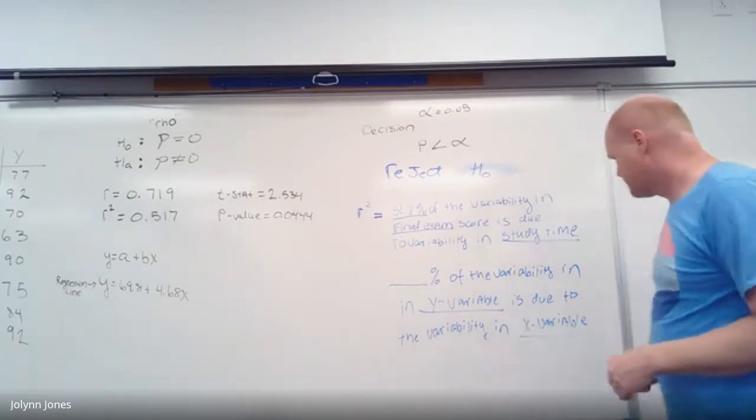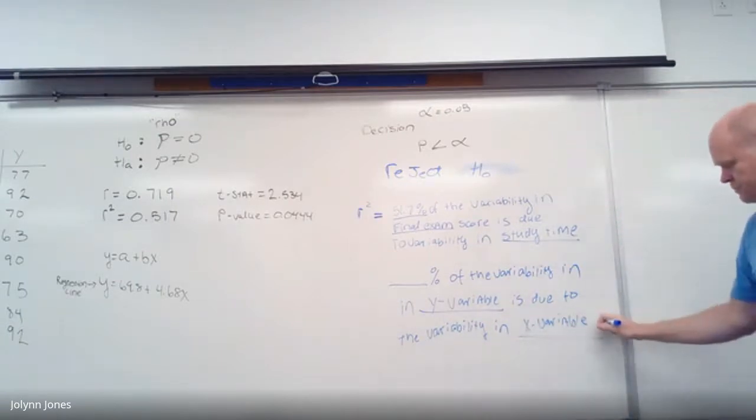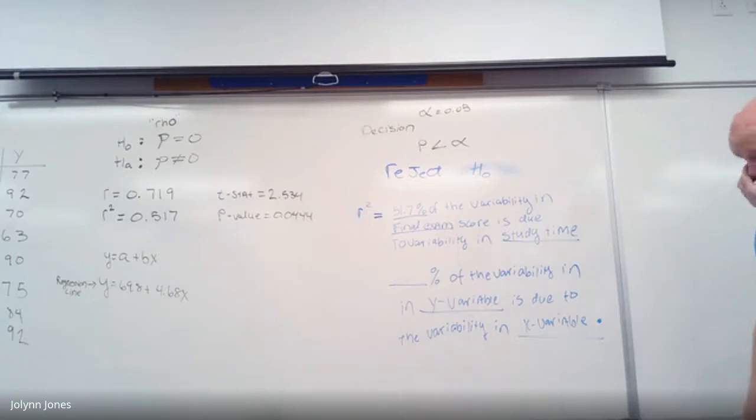Another way to think about our example: 51.7% of the variability, or the change, in the exam scores is due to the variability in study time. In other words, study time is taking a little bit over 50% of that variability. Now, that other 48.3% is due to other factors. So what would those other factors be?